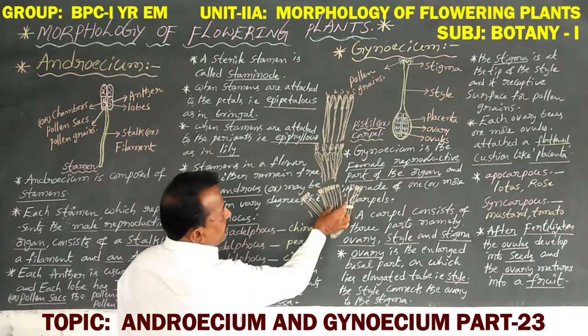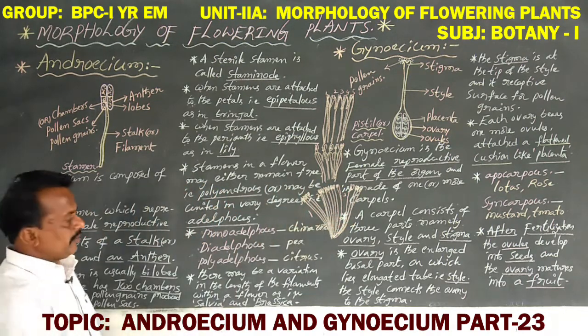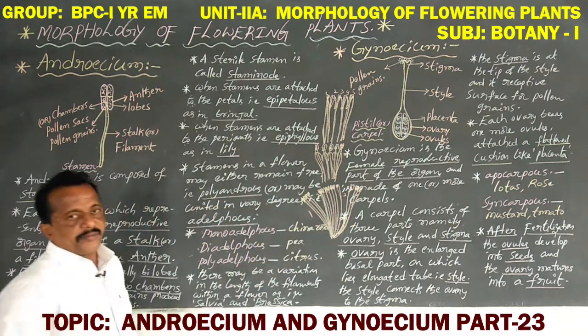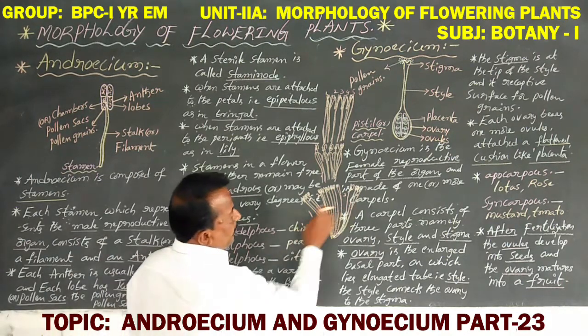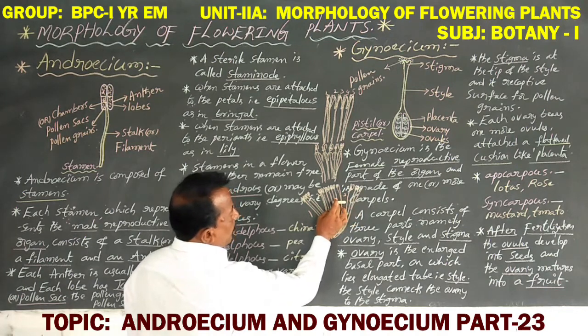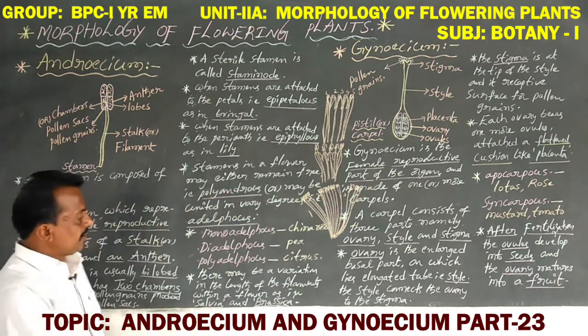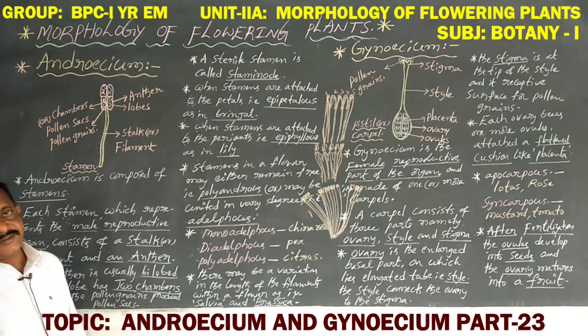Diadelphous: stamens are united and arranged in 2 bundles, as seen in pea. Polyadelphous: stamens are united and arranged in more than 2 bundles, as seen in citrus.